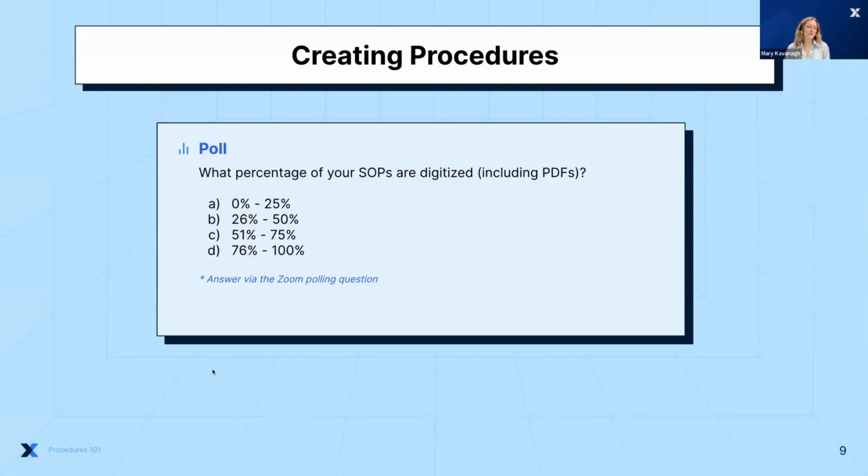Nice, there we go. We can share those results. Beautiful. So, a mix here. We've got a kind of reverse bell curve, if you will. Seems to be either we have most digitized or we have very few digitized. Don't worry, I will bear that in mind when we're going through it and give advice that can help both parties there.